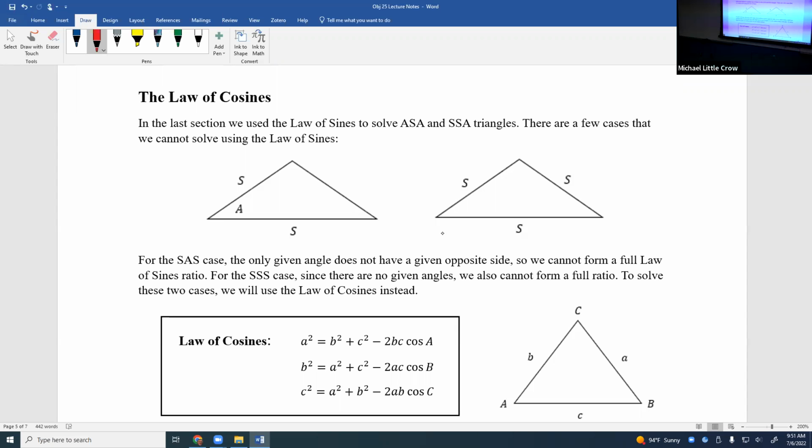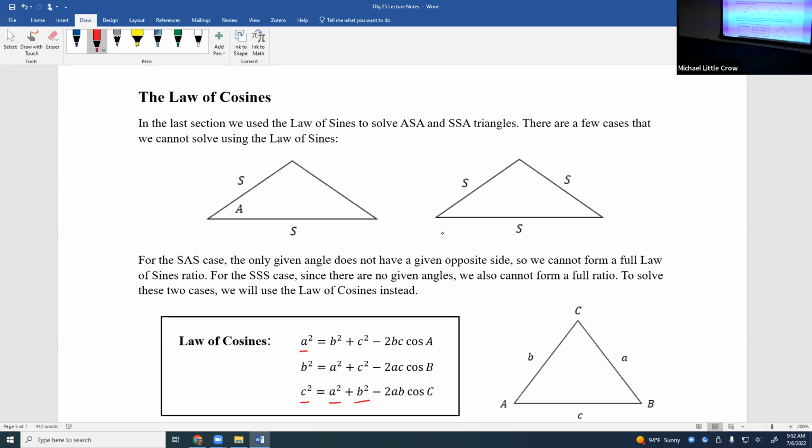Law of cosines. What I want you to see here, what does this look like? A squared. Usually we would see A squared plus B squared equals C squared. If that was all you saw, what would you call that? Pythagorean theorem, right? But what's this minus 2AB cosine of C? Well, what if C was a 90-degree angle?